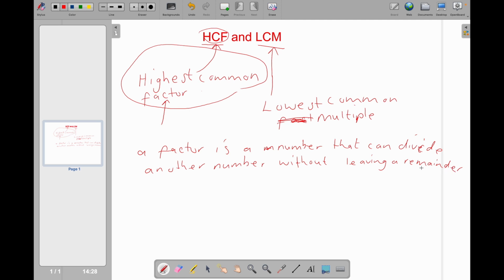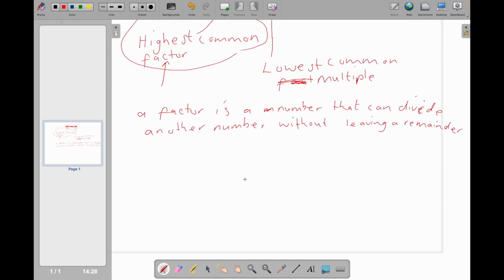Okay, so here we're saying that a factor is a number that can divide another number without leaving a remainder.